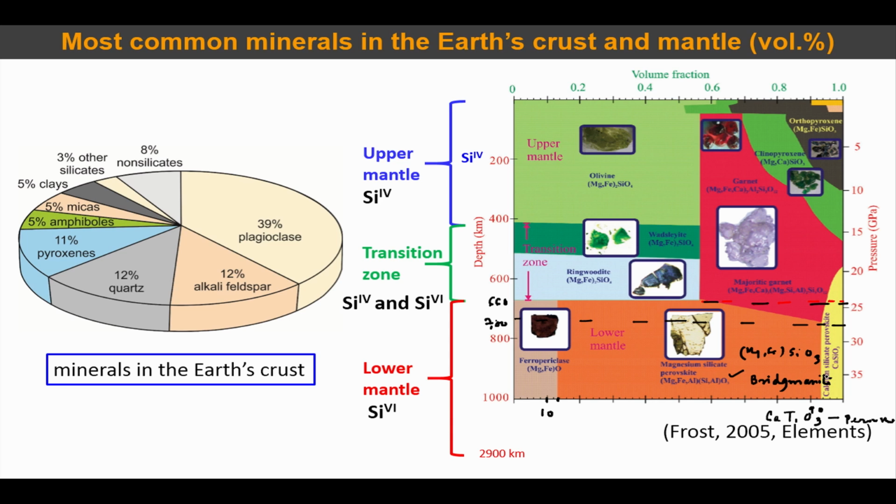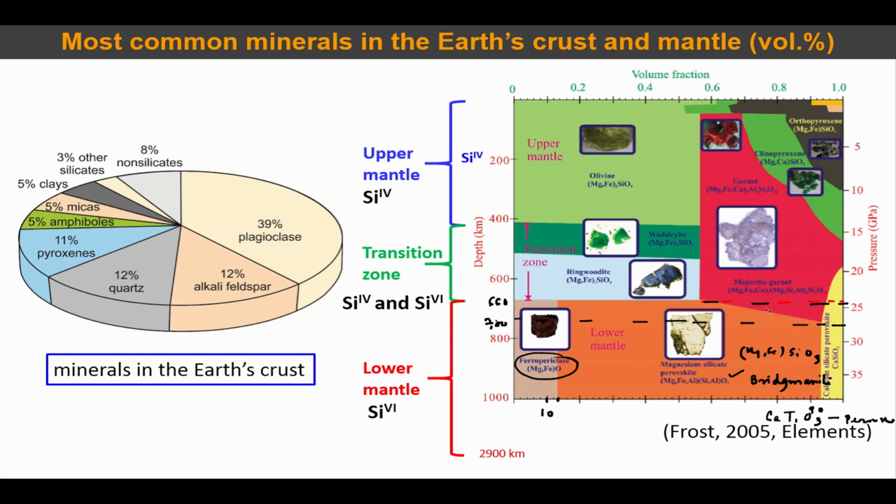In the upper part of the lower mantle, you have bridgmanite, which is almost 60 to 80% present, and then the remaining 12 to 15% is the second most abundant phase, ferropericlase. Ferropericlase's structure is very similar to the salt structure.